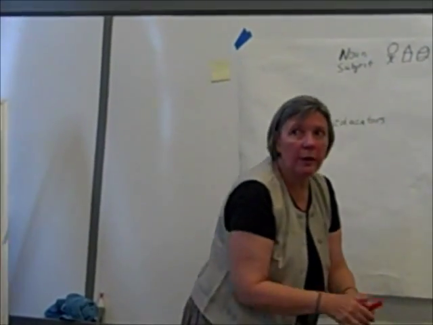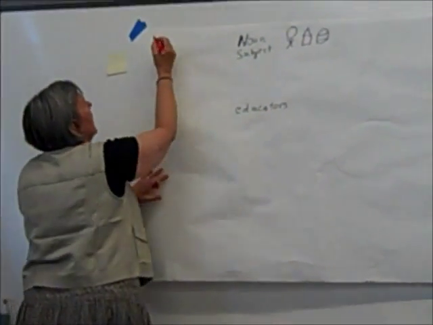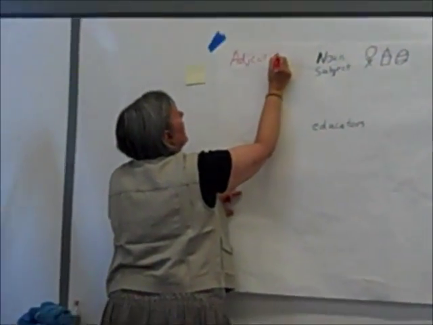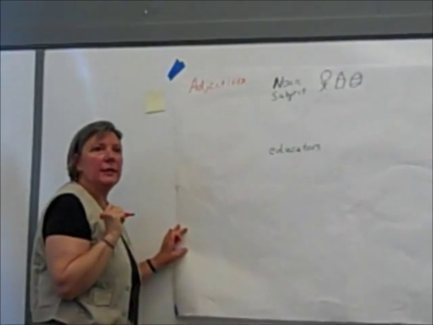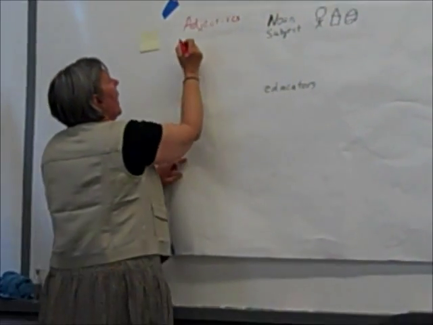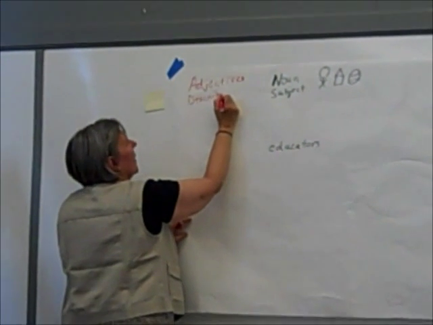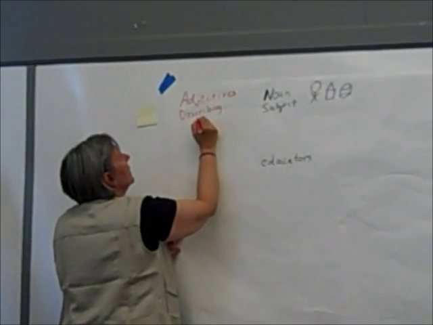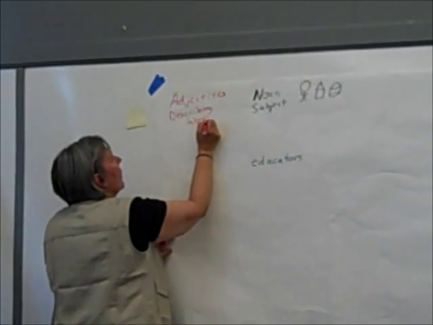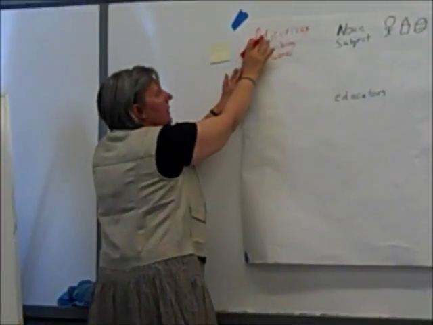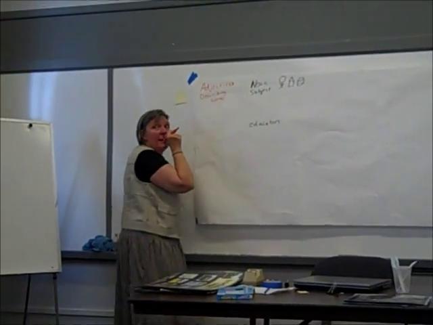From there, we're going to talk about adjectives. Say that with me, adjectives. Adjectives. And adjectives are always describing words. Say that with me, describing words. Describing words. And adjectives often describe nouns.